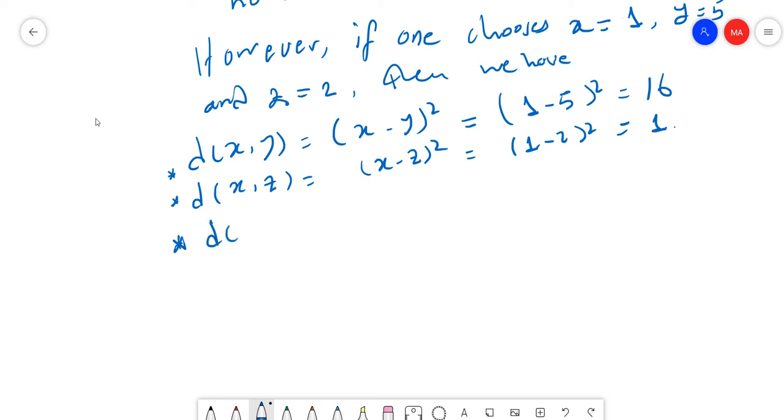The third one, the difference between z and y to the power 2, which is equal to 2 minus 5 squared, which is 9.